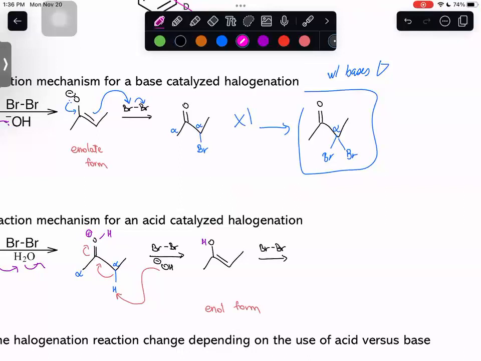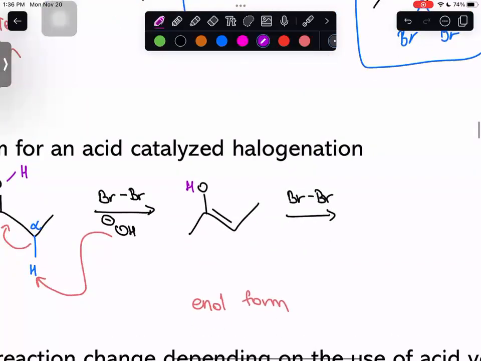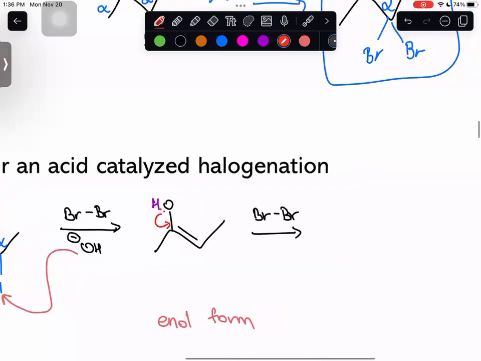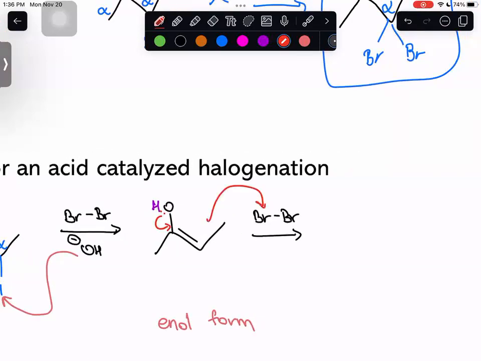Let the electrons go back to the double bond, and then the other electrons of the double bond attack the bromine. So in this case, even though we have an alcohol group this time and not oxygen minus, we still have to reform the double bond. Same exact thing. So reform the double bond, then your electron dense double bond attacks bromine.